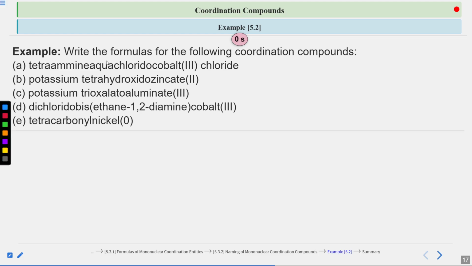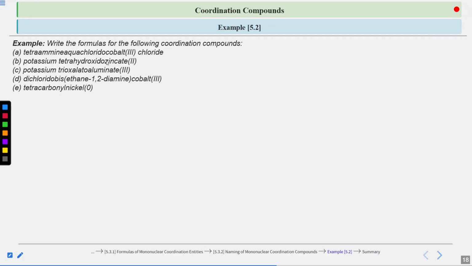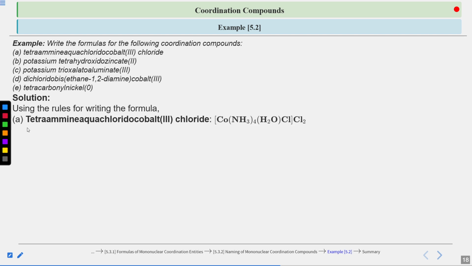Okay, let's see. So for this example, we use the rules for writing the formula that we have seen, right, for each part. Let's begin with the first part, that is tetraamine aquachlorido cobalt(III) chloride.